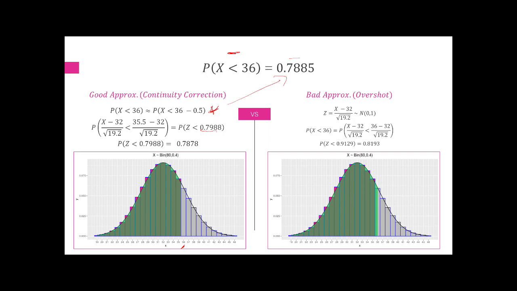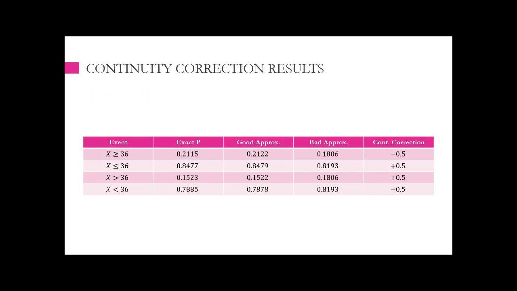So we've obviously seen that the continuity correction, this good approximation, the one with the continuity correction, is a lot better. It's closer to our exact probability, 0.211 versus 0.21, than our bad approximation. Our good approximation, the continuity corrected version of your approximation, will always be better than the non-corrected version.